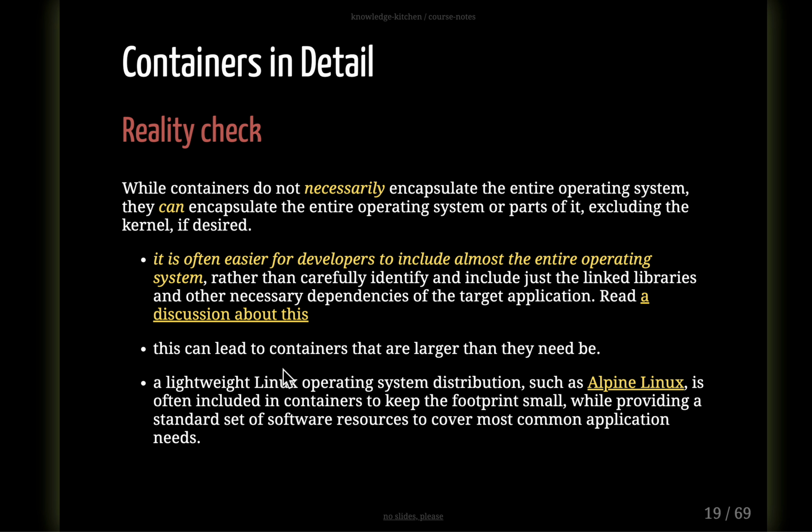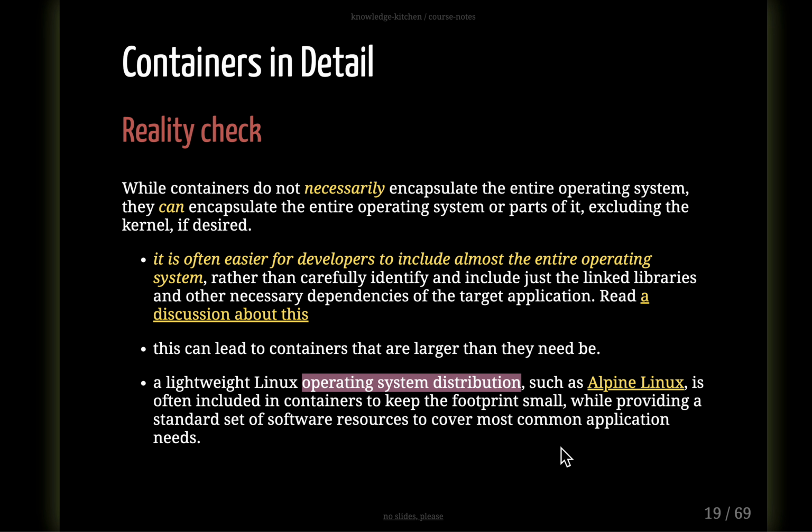However, there are very lightweight operating systems that are developed for this purpose, or at least to a large degree to assist in this purpose. For example, Alpine Linux is an extremely lightweight version of Linux that doesn't have any of the fluff that other Linux operating systems might have. And so it's very easy to just say, okay, we're just going to dump the entire Alpine Linux into this container. It's a very small amount of file space that we need.